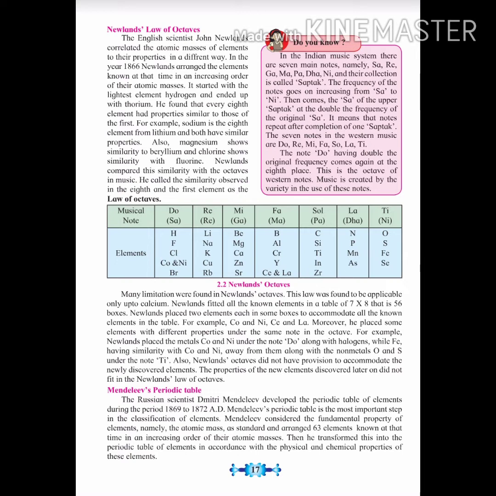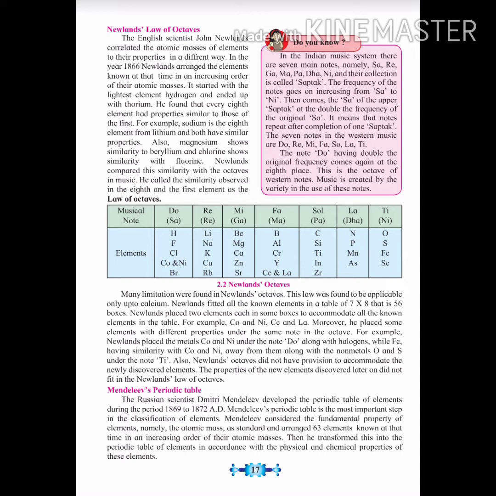So they also have those notes. The first note, like sa, and the eighth are similar. So he also classified the elements in such a way that the first element showed resemblance with the eighth element.